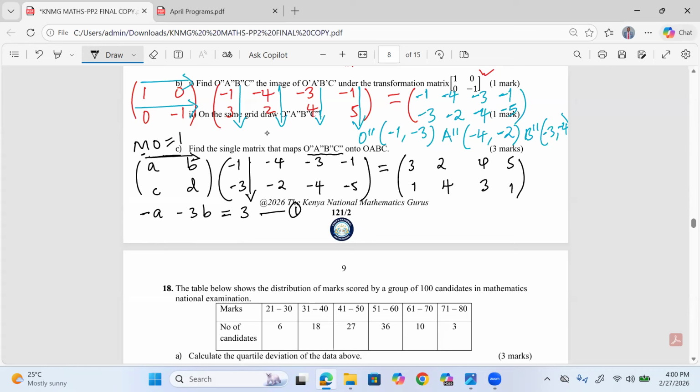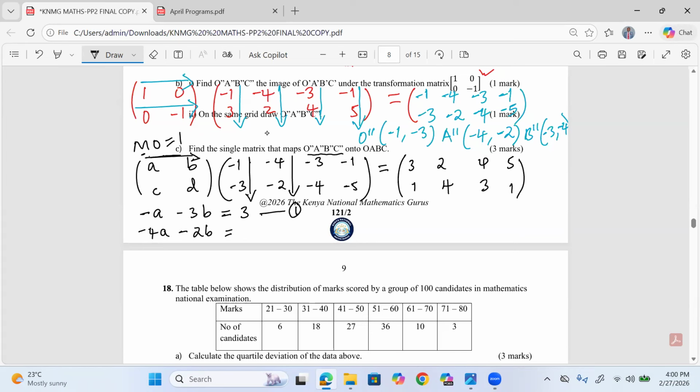We can use A and B again using the second column, so that we may get another equation in A and B. Therefore, A by -4, that is -4A. Then B by -2, that is -2B.